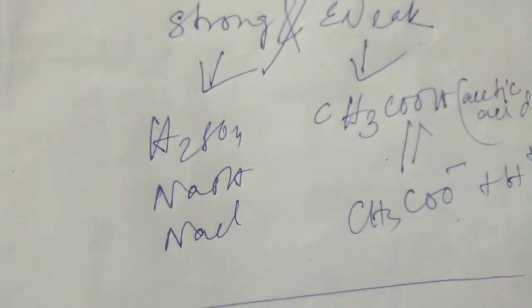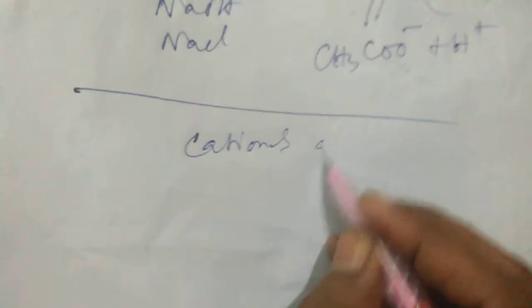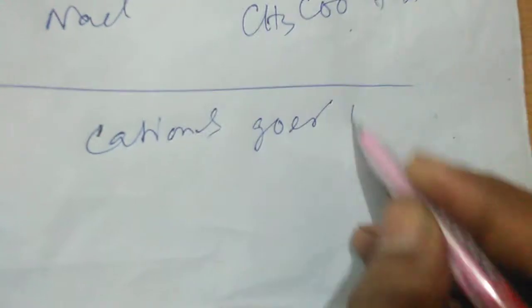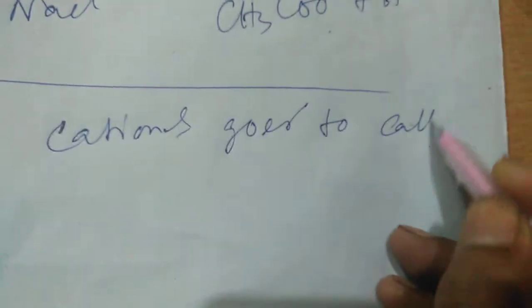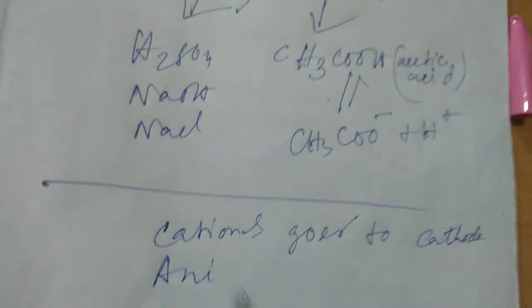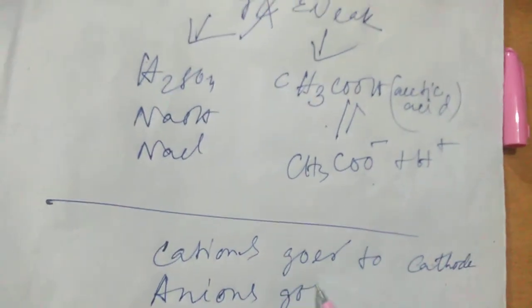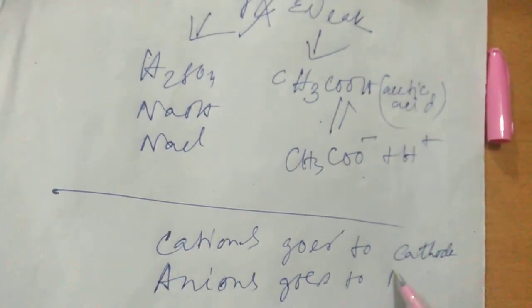So cations go to the cathode and anions go to the anode.